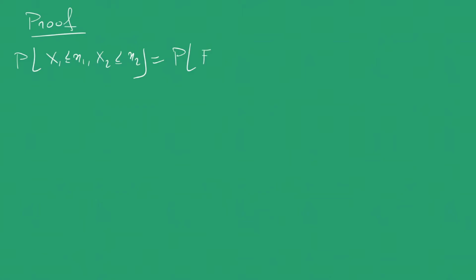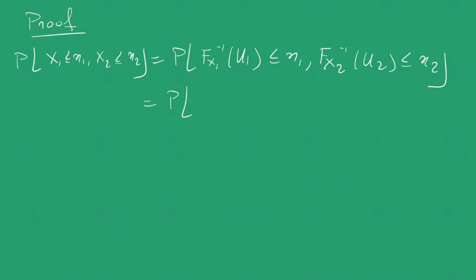So x1 was equal to fx1 minus 1 u1. And we have the same for x2. So we first defined u1, u2, then we defined x1, x2 in this way. This can be expressed as follows. So I just take the inverse CDF to the other side of the inequality.